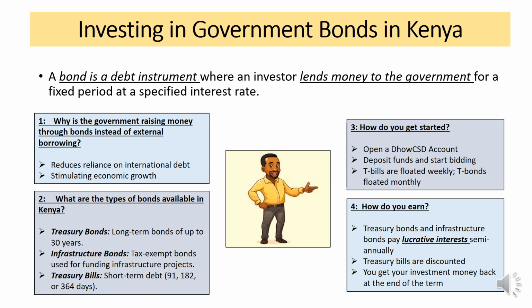If the T bill is 50,000, you will purchase it at a discount. Say the government tells you, give us 45,000 today so that you will be able to redeem your money at 50,000. So technically, you have earned 5,000. That is called discounted bonds.